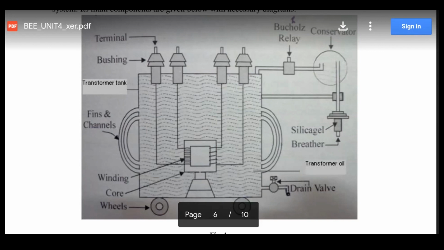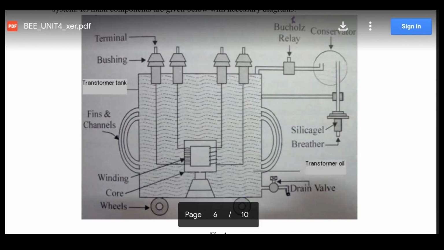Okay, so mainly there are two types of transformers based on the construction of the core. It is core type transformer and shell type transformer, and this core is wound on both limbs as shown by the windings.